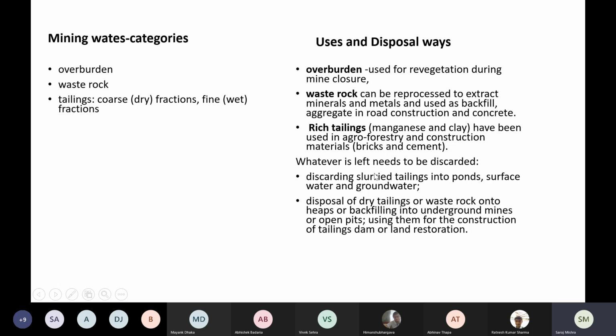So whatever is left now needs to be discarded. This is discarded into ponds, into surface waters, and into groundwater, or many of these will be just heaped up, or it can go into underground mines or open pits, etc. So this is the fate of the different things which are being released during the mining activities.